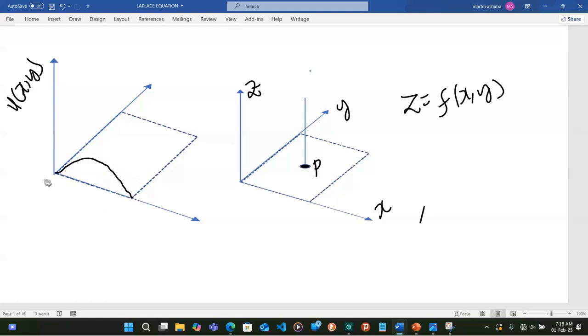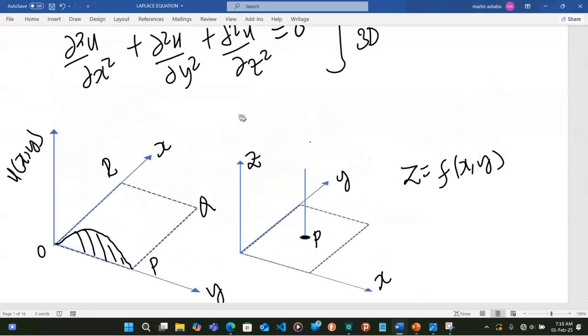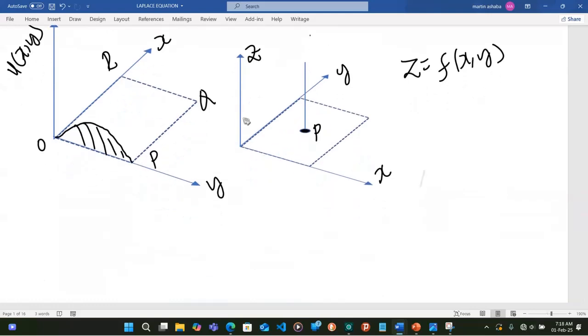So if this is O, you have P, you have Q, you have R here, and then this is X, this is Y. This can be a solution to the partial differential equation that we are calling the Laplace equation in 2 dimensions.